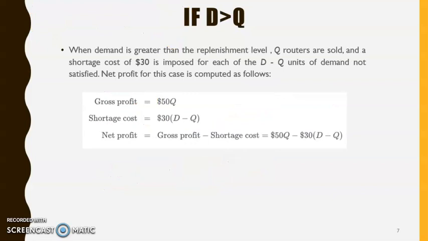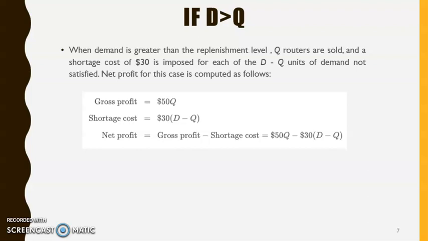The same thing happens in the other scenario, just here the demand is greater than Q. When you want to do the calculation, since the demand is greater than Q, the inventory level that you have cannot satisfy all the demand.